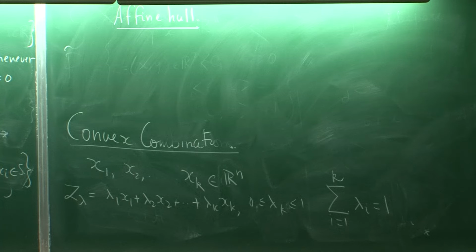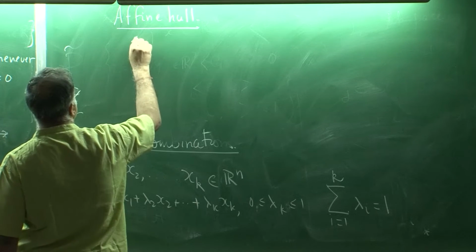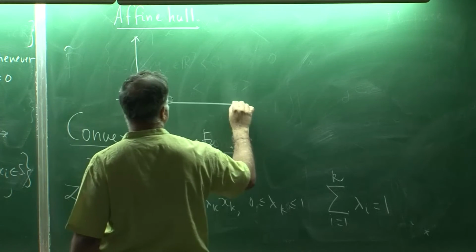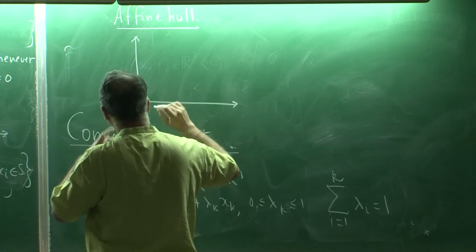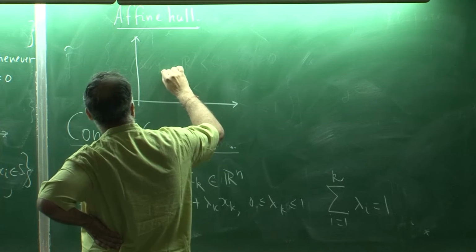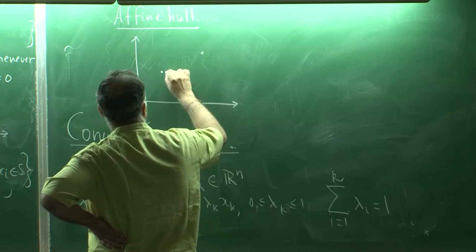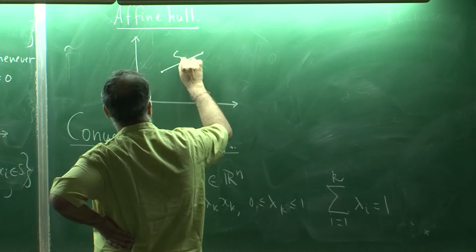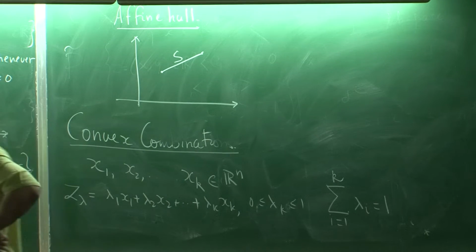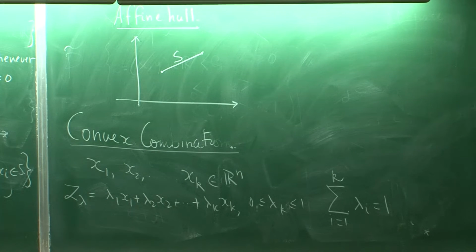So, for example, look at the line segment, just this is the set S. What is the affine hull? What is the smallest affine set which contains the line?